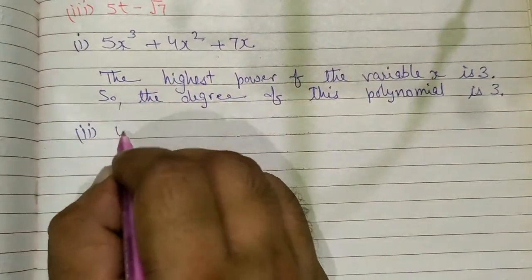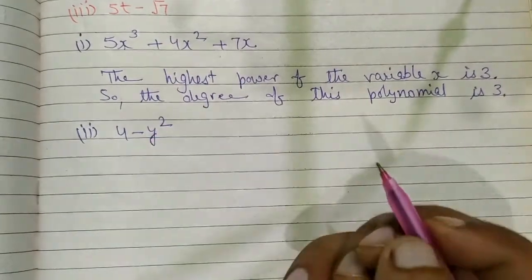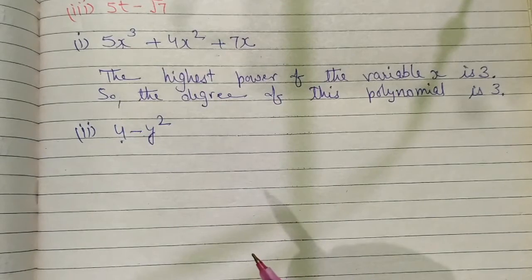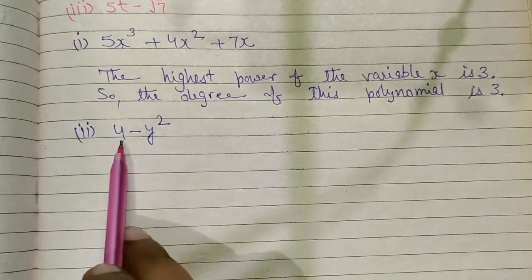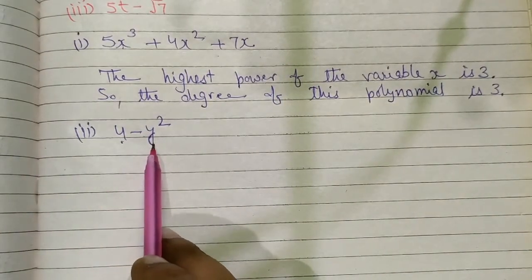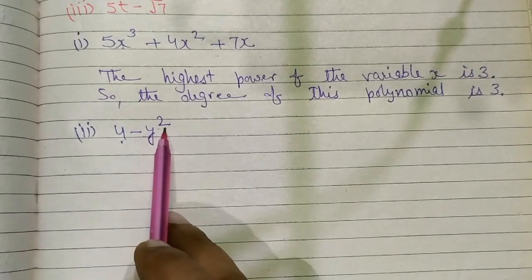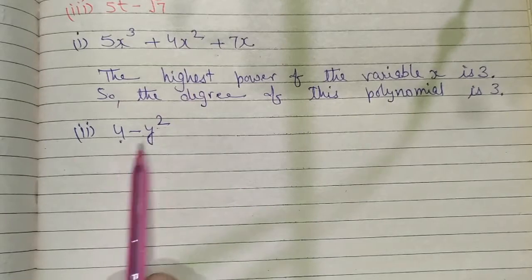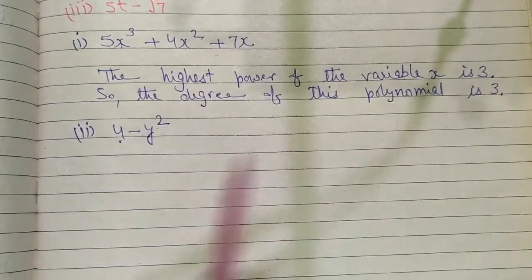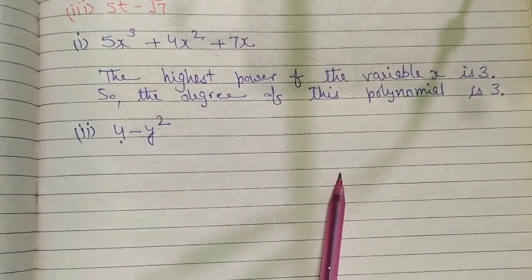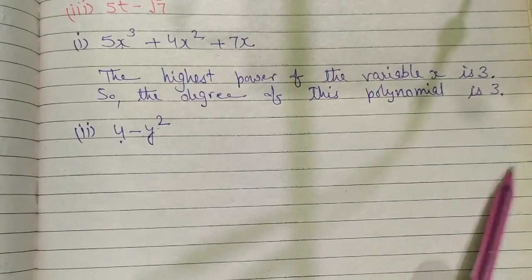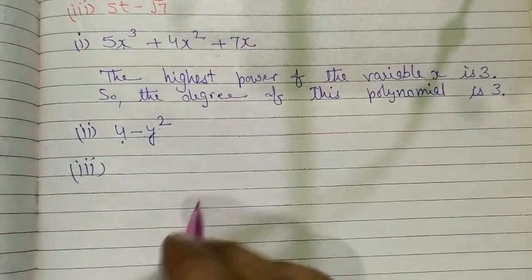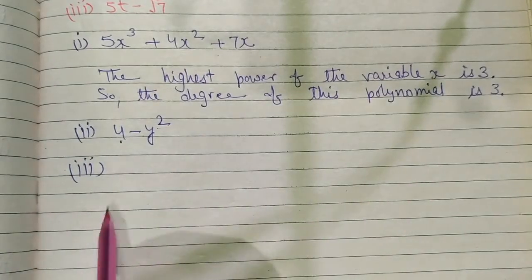Now let's begin with the second one. So it is 4 minus y square, right? Now here the variable is y and the highest power is 2, so we can write, the highest power of the variable y is 2, so the degree of this polynomial is 2, right? I leave it to you to write the statement yourself.